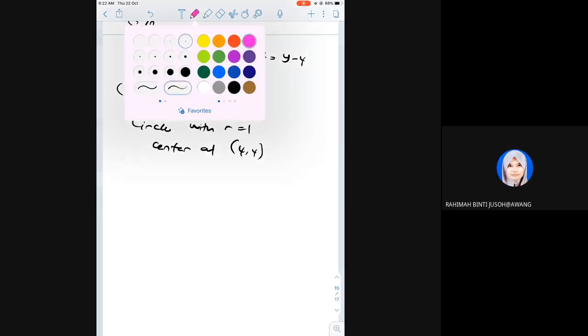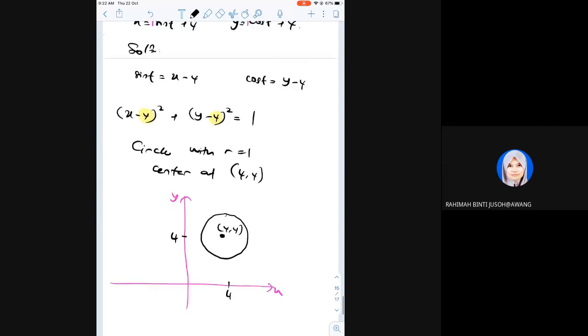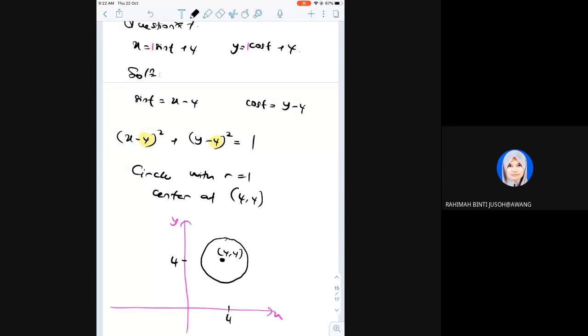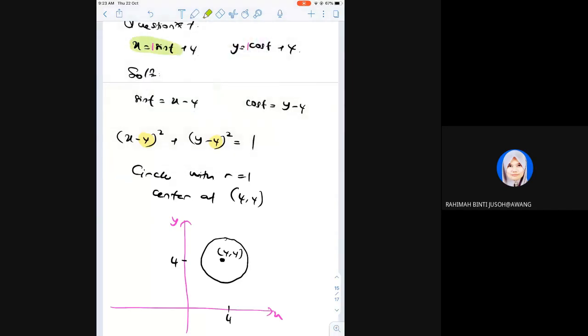Now if you sketch the graph, x and y, it is located at (4, 4). Plot 4 and 4 first as the center, and then you plot the circle. So this is the circle. Now, what's the orientation, guys, based on our question?